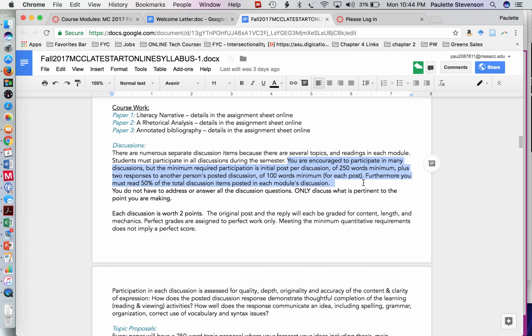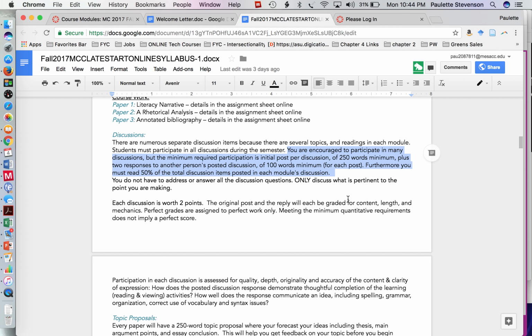There'll be a prompt there, and then everyone posts their initial post by a certain date, and then a couple days later, you'll have a due date where you reply to 2 people. The reply is where you do 2 responses to 2 people of 100 words minimum for each post.